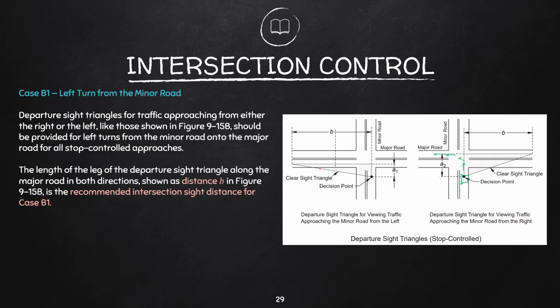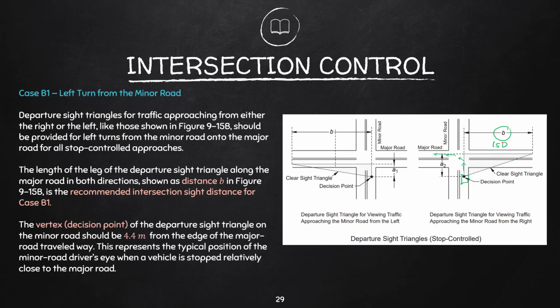The length of the leg of the departure side triangle along the major road in both directions, shown as distance b in the figure, is the recommended intersection sight distance for case B1. So this is the intersection sight distance.